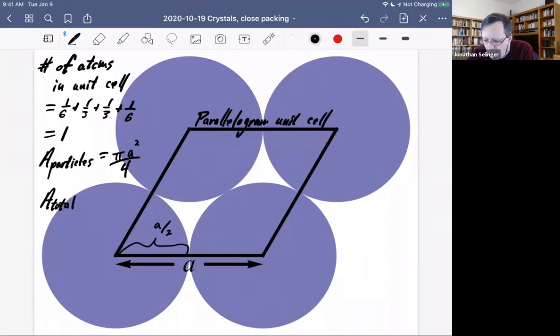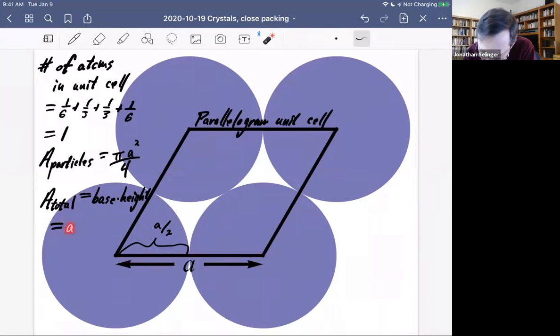Well, the total area is the area of the parallelogram, this thing. So we have to remember what's the area of a parallelogram. Ooh, that was high school geometry. Can any of you remember that far? Well, that is equal to the base times the height.